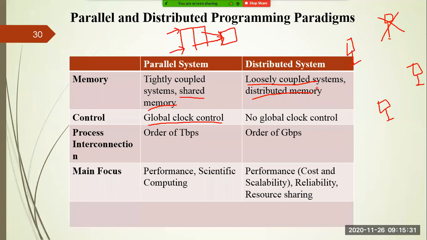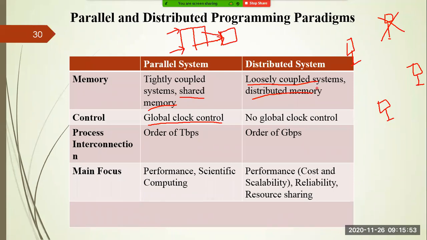Reliability is an important factor. Reliability should be as high as possible. And the main purpose of a distributed system is to share resources, or share the computing engines, to solve a scientific or engineering application. That is the main purpose of the distributed system.